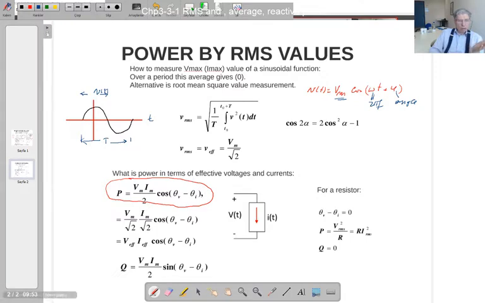What shall we do? In order to make the average found, you can get the square of it. When you get the square of it, that's going to be a function like that.